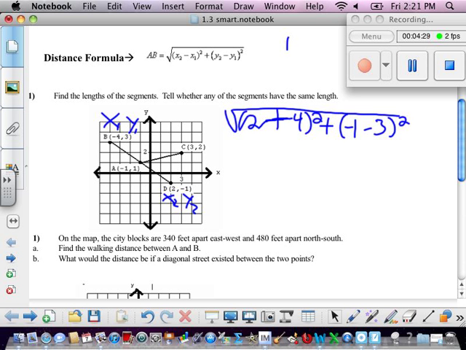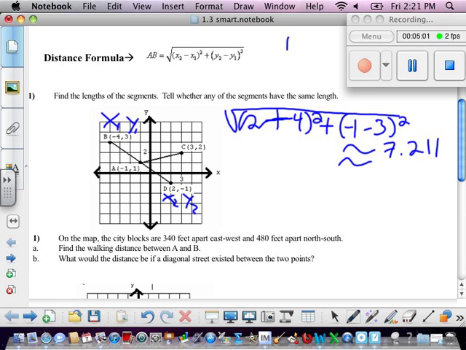Then parentheses, 2 plus 4, end parentheses, that little square button again, plus parentheses, negative 1, and then a minus, they're separate, minus 3, end parentheses, squared again, and then enter. You should get approximately 7.211.